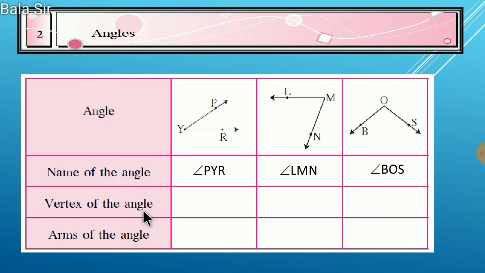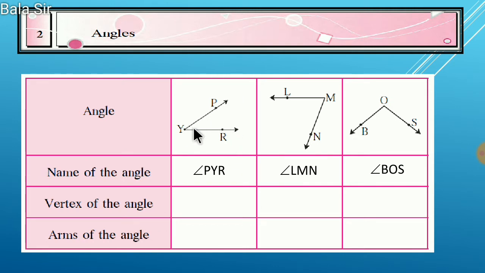Vertex of the angle. Vertex means it is the midpoint which joins the two lines. You can see the lines. This is ray YP, ray YR. This ray YP is called an arm of the angle. YR is also an arm of the angle.